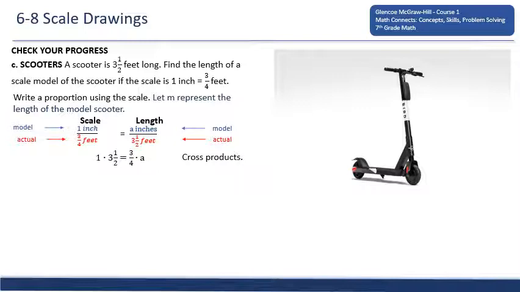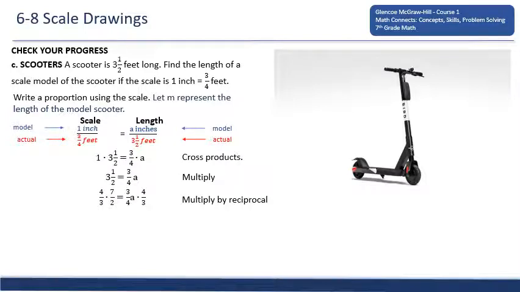So we're going to use cross products and we're going to multiply 1 times 3.5 and 3/4 times A. We multiply it out, 1 times 3.5, and then 3/4 A. And then we have to multiply 3/4 times its reciprocal because we're going to divide 3/4 away from A. We have to do the reciprocal.